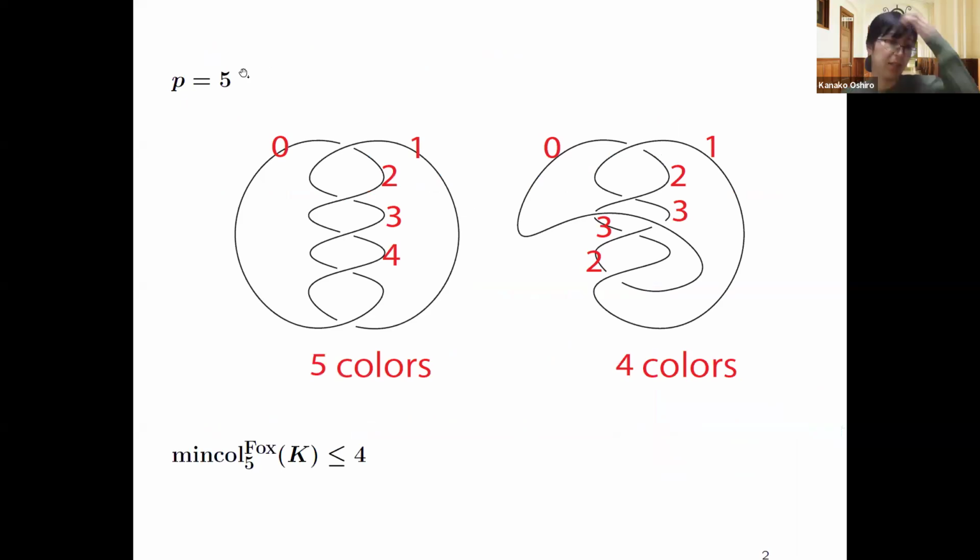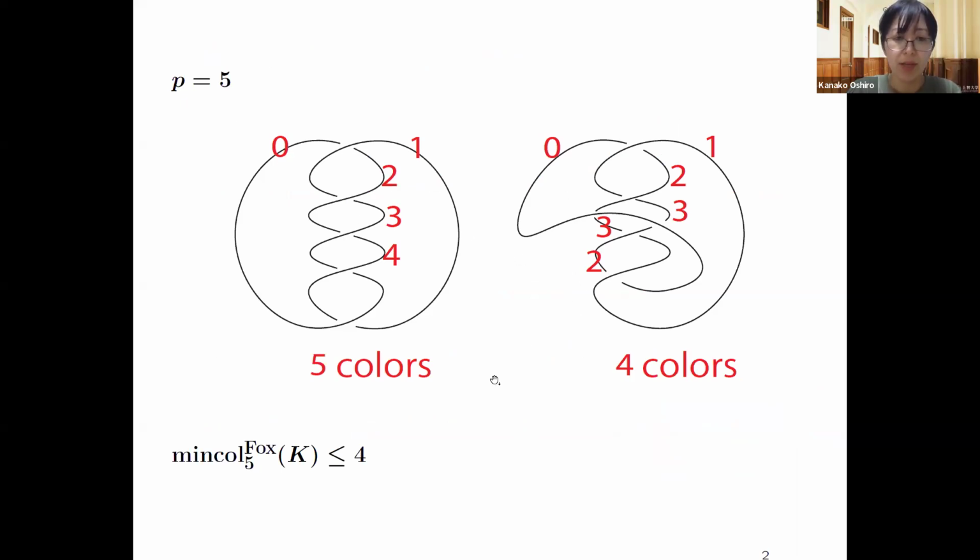So let's see this example. When p is equal to 5, these two diagrams are diagrams of the (2,5) torus knot, and they are colored non-trivially by Fox 5-colorings, like this.